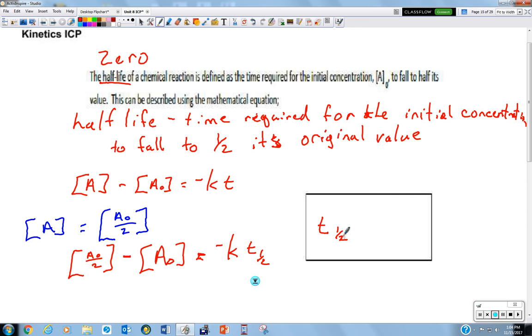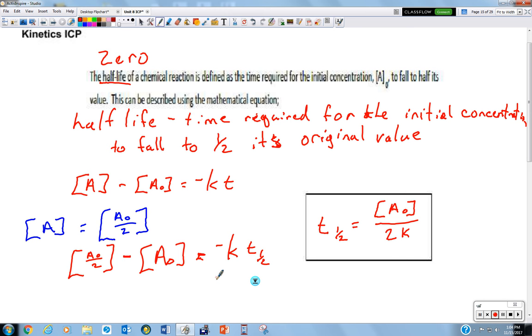T1/2, half-life, equals A naught over 2K. And getting from where we started to there is just algebra manipulation of the equation right here.